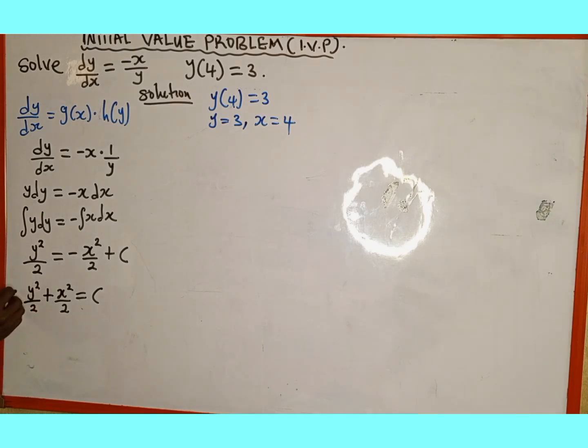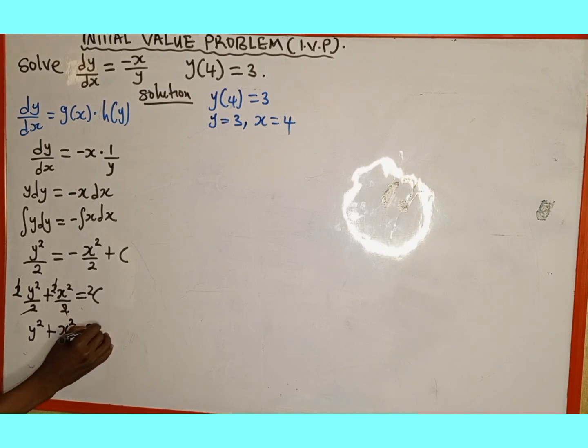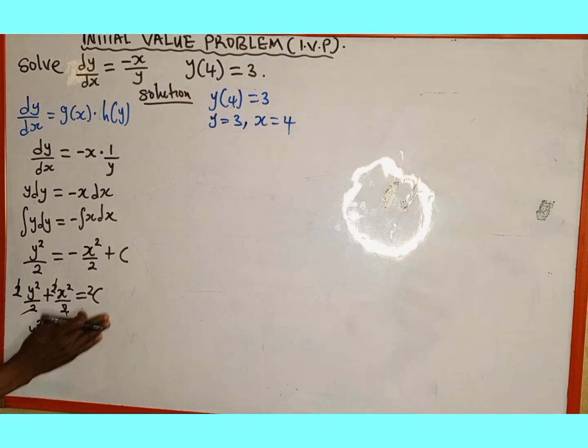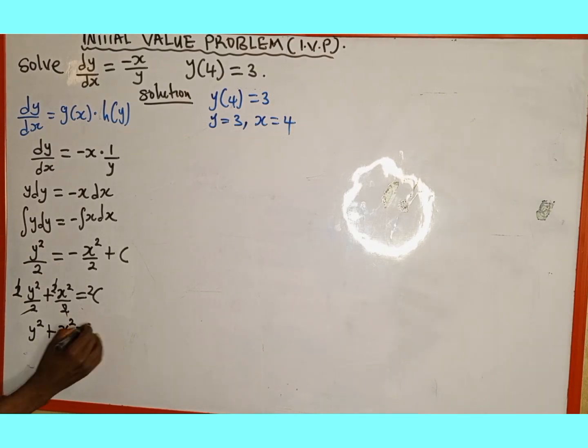If you multiply through by 2, these 2s will cancel. It will be y squared plus x squared, which is equal to 2 multiplied by constant. And 2 multiplied by constant is still a constant, so we can leave it as constant.